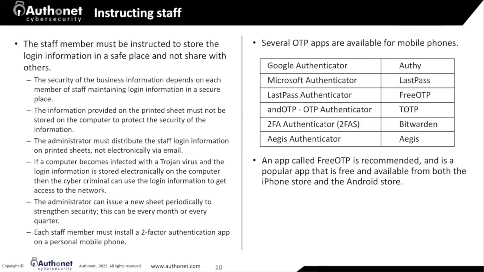We want the user to make a note of the username and the user password, but we don't want the user to remove this piece of paper, because that might be a breach of security, especially if the user scans the paper and stores it on a computer. And so we want the user to, under supervision, set up the one-time password using the QR code.